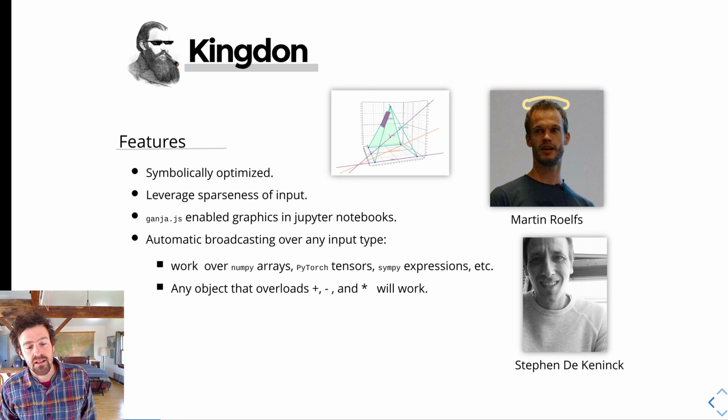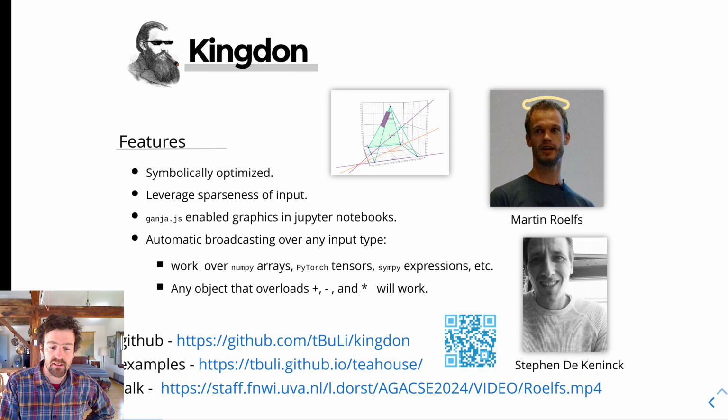Probably most importantly, especially for this kind of audience, is that they have automatic broadcasting over the input types. So you can basically work with NumPy arrays of the geometric algebra objects or PyTorch tensors, and all the operators overload as you would expect. That's huge, and that allows it to have a lot of performance gains.